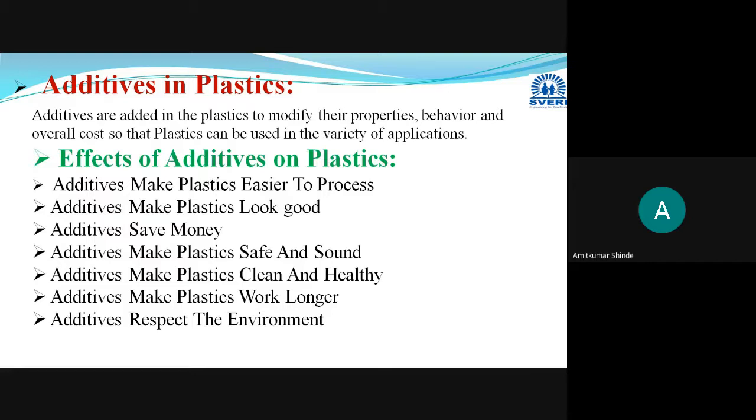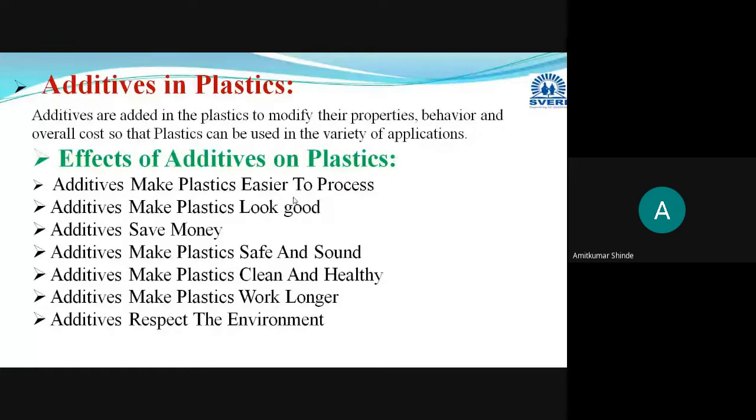Now, a number of additives can be used here, but the generally used additives I have listed in the next slide. Before that, I have highlighted here some effects of the addition of these additives on the plastic materials. When you add these additives in the plastics, what basic effect will they cause? First effect: additives make that particular plastic material easier to process.